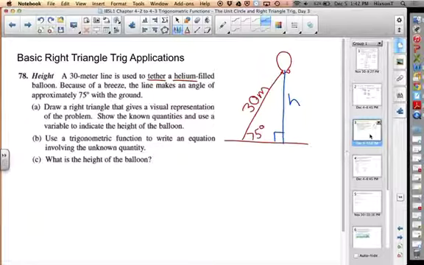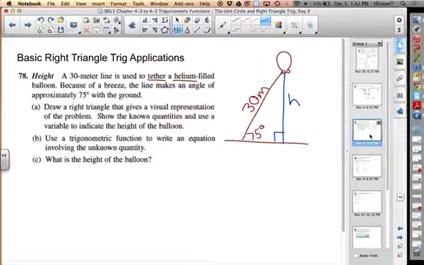I've had students who have drawn really elaborate drawings and they spend half their test time making cool drawings and never actually solved the problem. So just be careful that you don't get carried away. When you get the test back, you could elaborate on your picture if you really want to. But just make it a simple diagram and then solve the problem, okay?